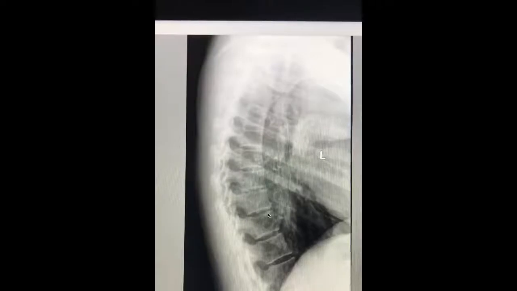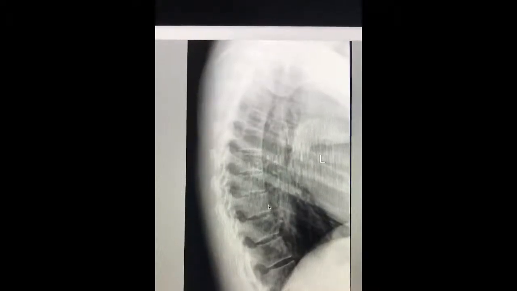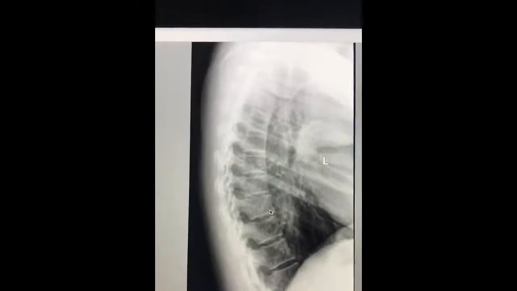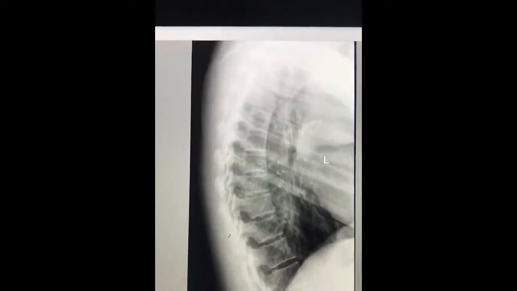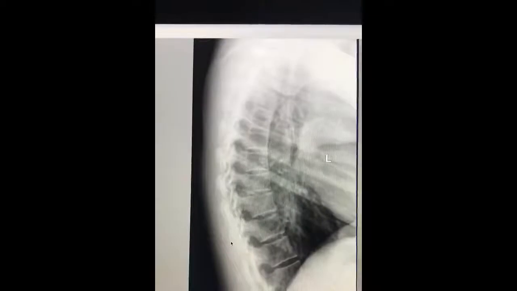Sometimes if the height of a vertebral body is smaller compared to the other ones, that could be an indication of a compression fracture. Okay, remember also you can check for any widening of the interspinous or interpedicle distances and your transverse processes along this area here. You also check for any fractures of your vertebral bodies.